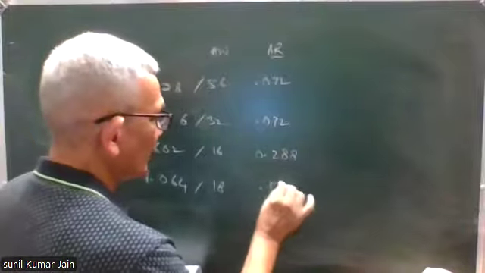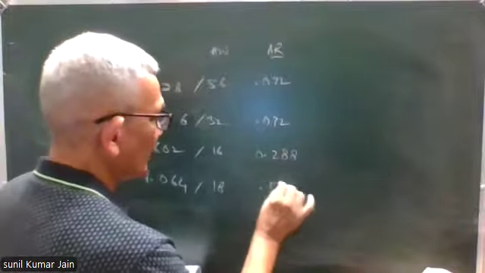Right? Next column is simplest ratio. We divide all of them by the smallest number. And the smallest number is this. Divide by same, divide by 0.072. It will come out to 4.